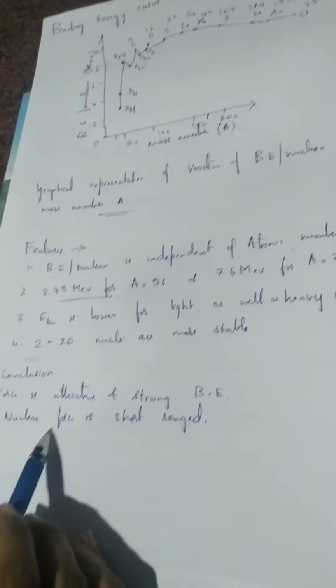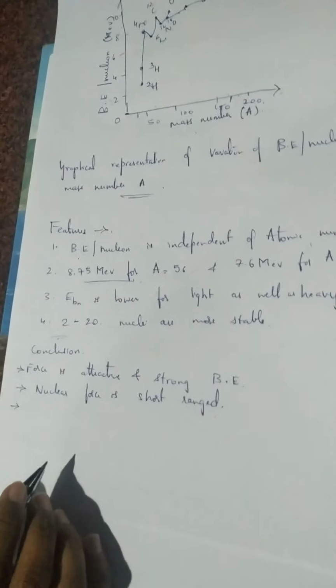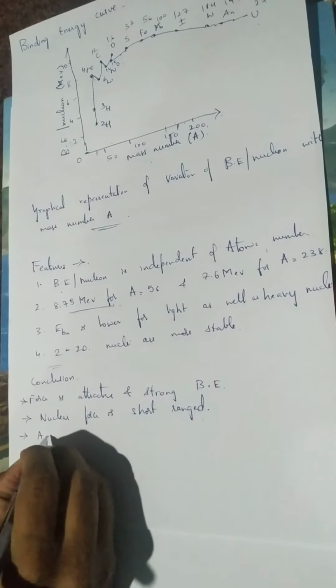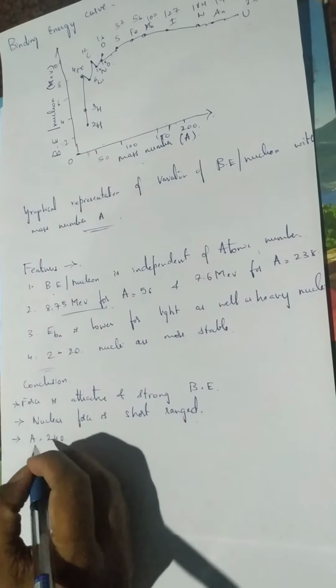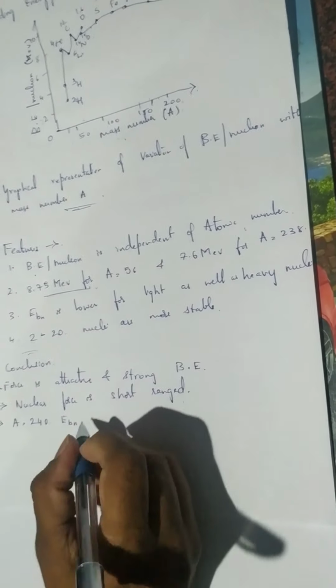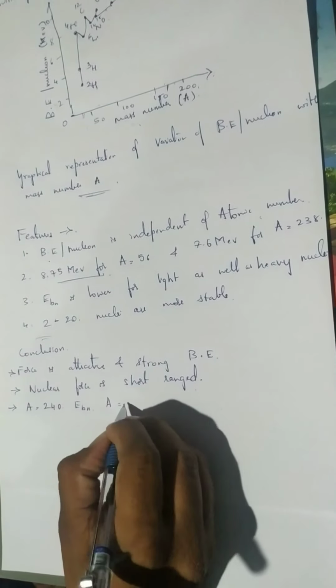So this gives us the conclusion that nuclear force is short-ranged. Next, a heavy nucleus with A equal to 240 has lower specific binding energy compared to the nucleus with mass number 120.